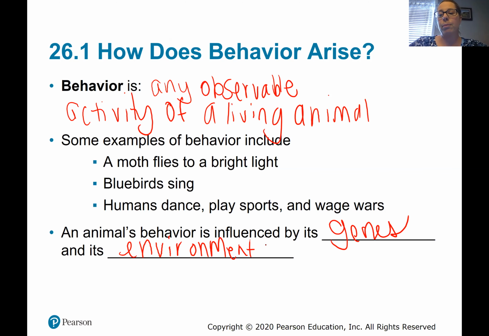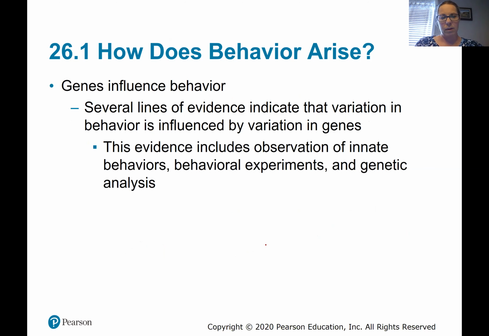I think they both play a role in animal behavior. Depending on the behavior and the situation, one may be more under genetic control in one situation, and another behavior may be more environmental. But as a whole, animal behaviors are influenced by both genes and the environment.